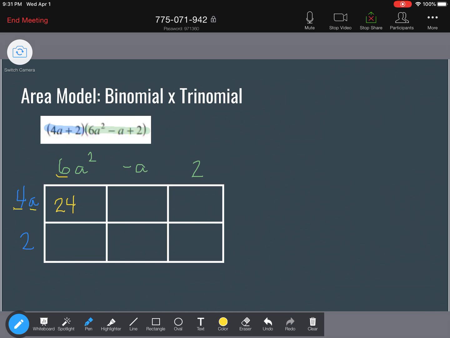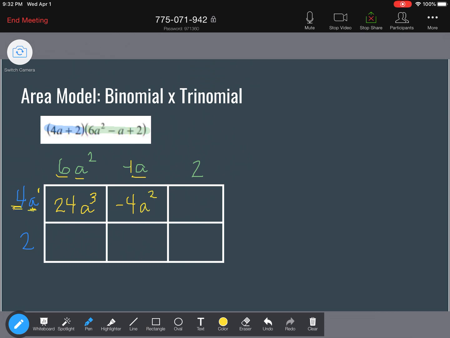We multiply our variables, and we have a, and then this has a power of 1. We're going to add those, so a cubed. Okay, same thing. I have my 4a and a negative a. Well, that's like a negative 1 out front, and so 4 times a negative 1 is a negative 4. A times a is a squared.